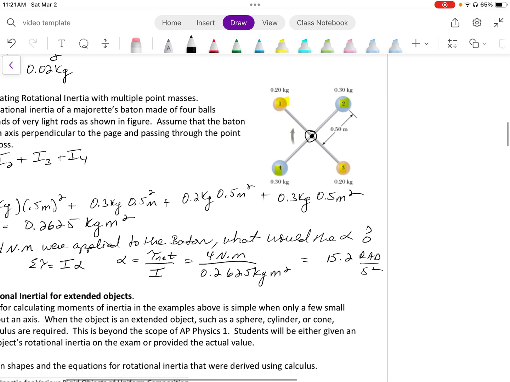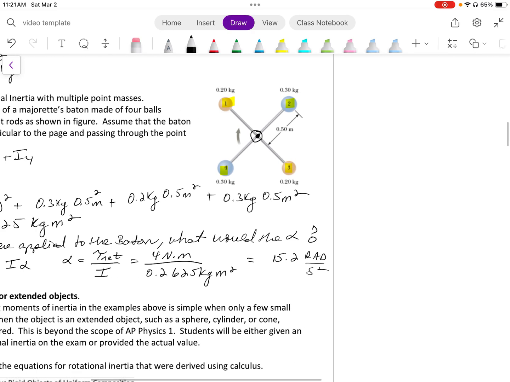Now I want to do a unit analysis for you over here. I'm going to look at this Newton meters. By the way, I used all the proper SI units. I know angular acceleration should be radians per second squared, but I'm going to prove it to you. So I have a Newton times a meter, and I have to break up what's inside a Newton. A Newton is a kilogram meter per second squared. If you forget that, remember your F equals ma.